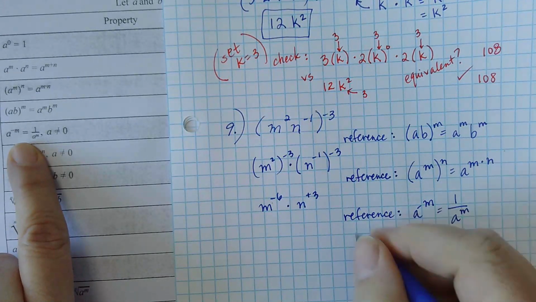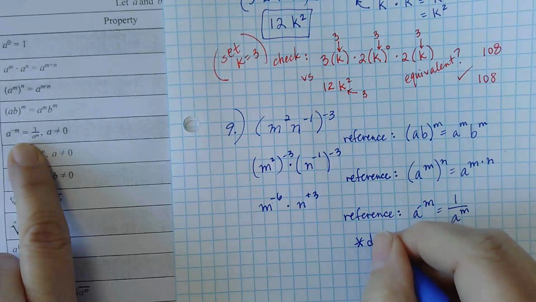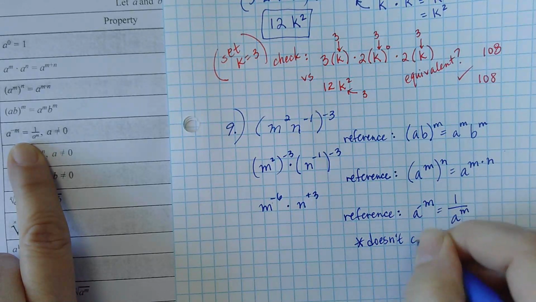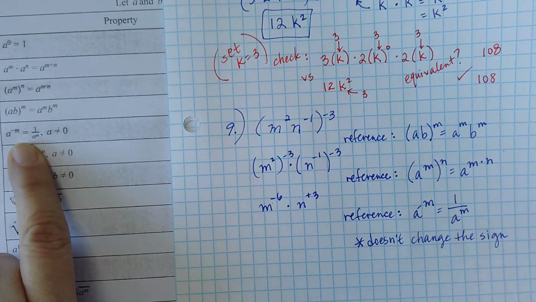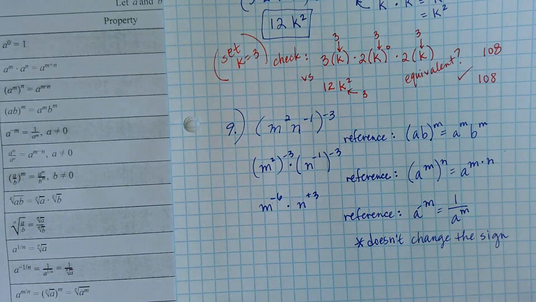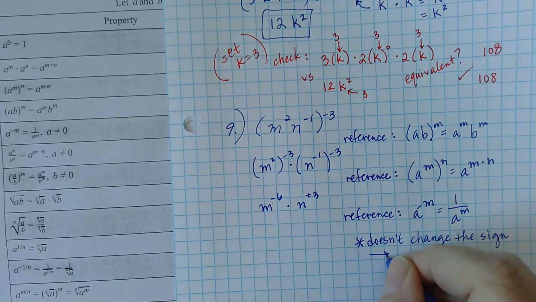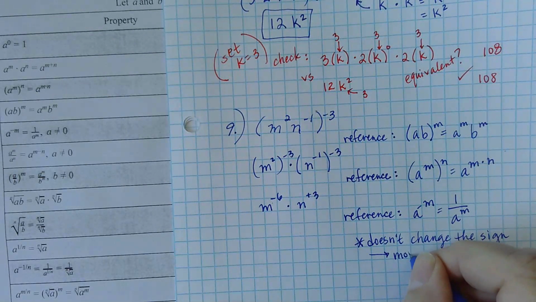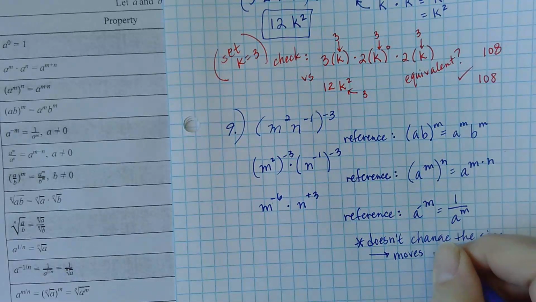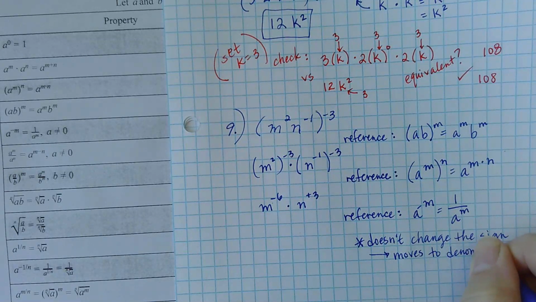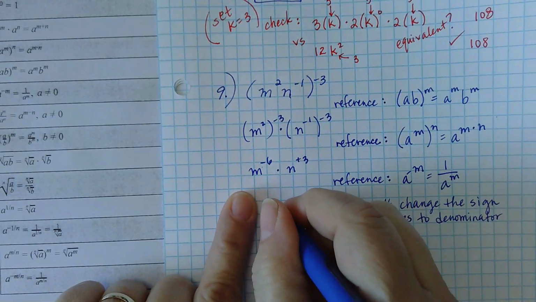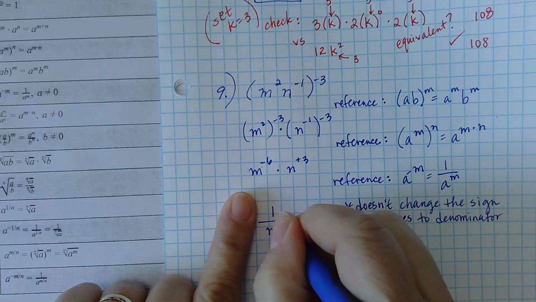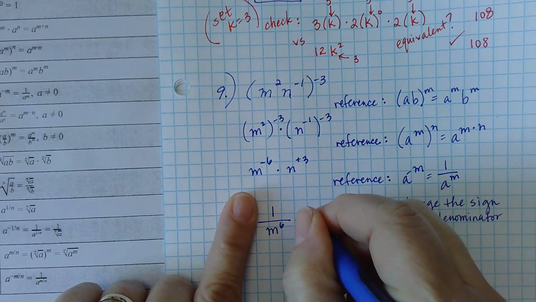So this doesn't make anything negative. It doesn't change the sign. It makes it a denominator. So this m to the -6 I should write as 1 over m to the 6th. This is times n to the 3rd.